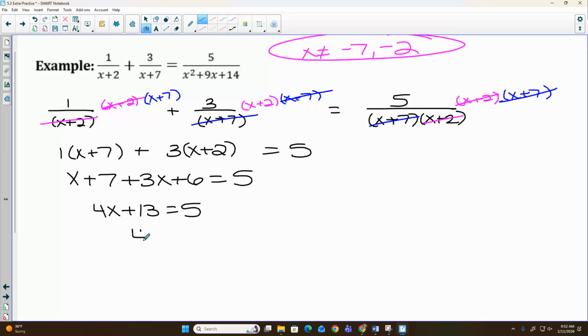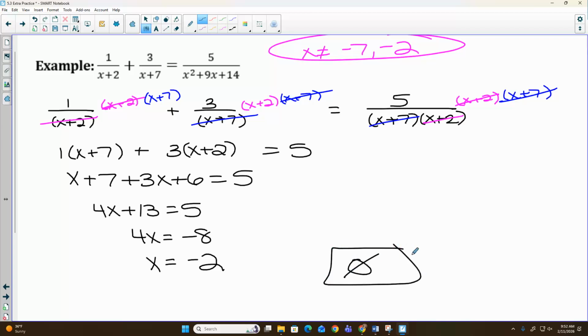So if we subtract the 4x and divide, we get negative 2. What does that mean? No solution. We said x can't be negative 2. So if we get negative 2, there isn't an answer.